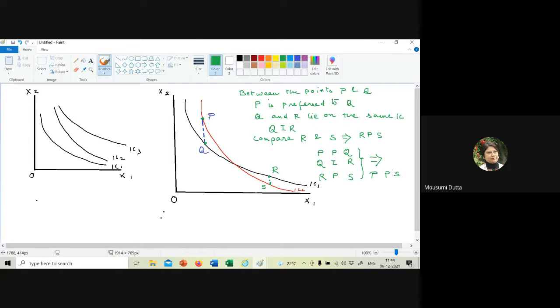And then applying transitivity, are we getting P is preferred to S from these three? Yes, ma'am. However, P cannot be preferred to S because both of them are lying on the same indifference curve IC2. It's contradicting.